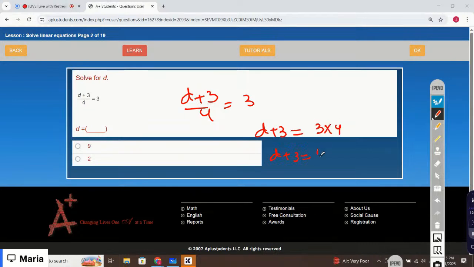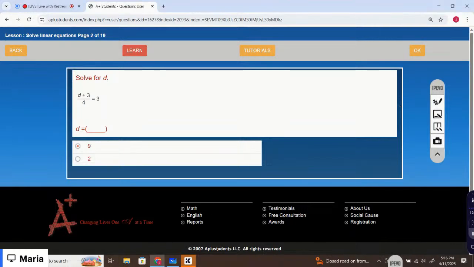D plus 3 equals 12. So D equals 12 minus 3 equals 9. Option number 1 is the correct option, that is 9.